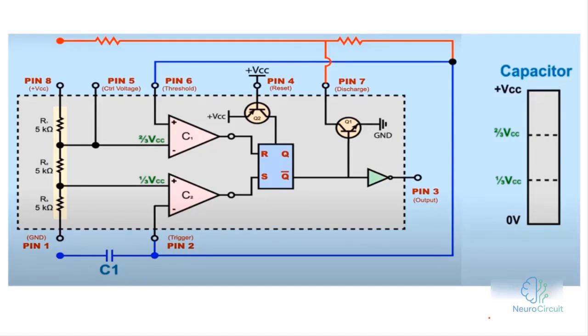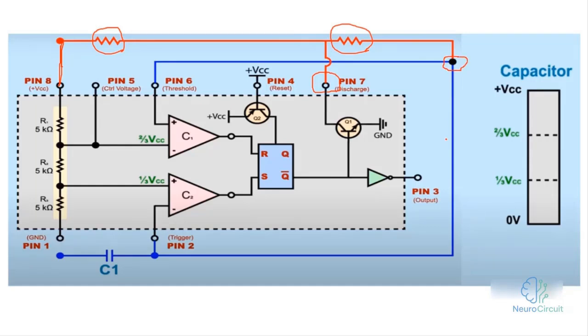Look, I actually forgot to show its connection here. Pin number 7 is connected to VCC, or pin number 8, through a resistor, and again through another resistor. Pin number 7 is connected to pins 2 and 6 via this resistor.